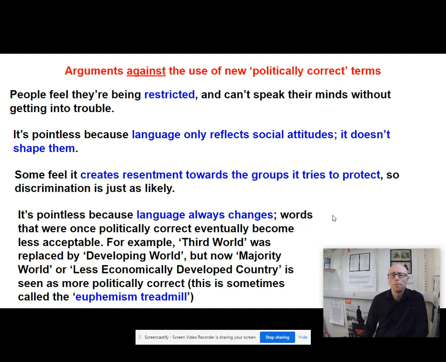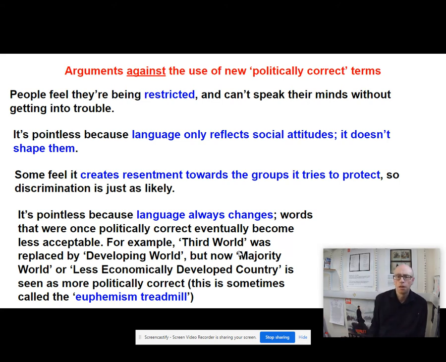And the other argument that people make is that language always changes, and you can change things to alternatives, so stewardess becomes flight attendant, but then it just becomes a kind of euphemism treadmill where after a few years, the new alternative becomes politically incorrect as well, and that becomes replaced by something else. So think of the geographical examples here of the word third world.